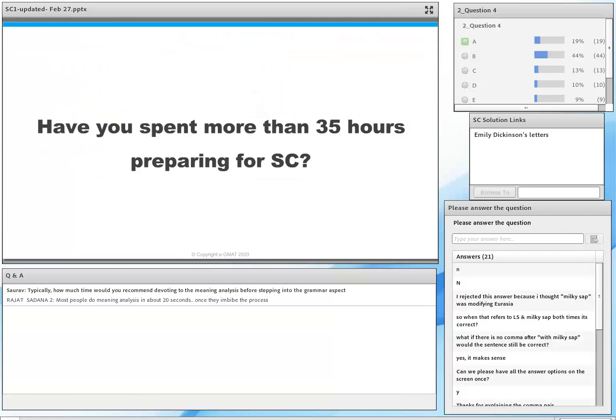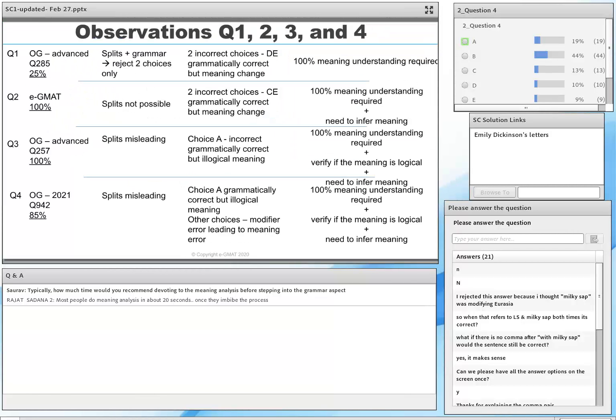So here we go. Let's do the observations. This particular sentence was very difficult because it was really, really context heavy. And 85% of the sentence was underlined, so you couldn't really apply a splits method with this one. You would just get confused, because you wouldn't be able to figure out how to make the splits in the first place.